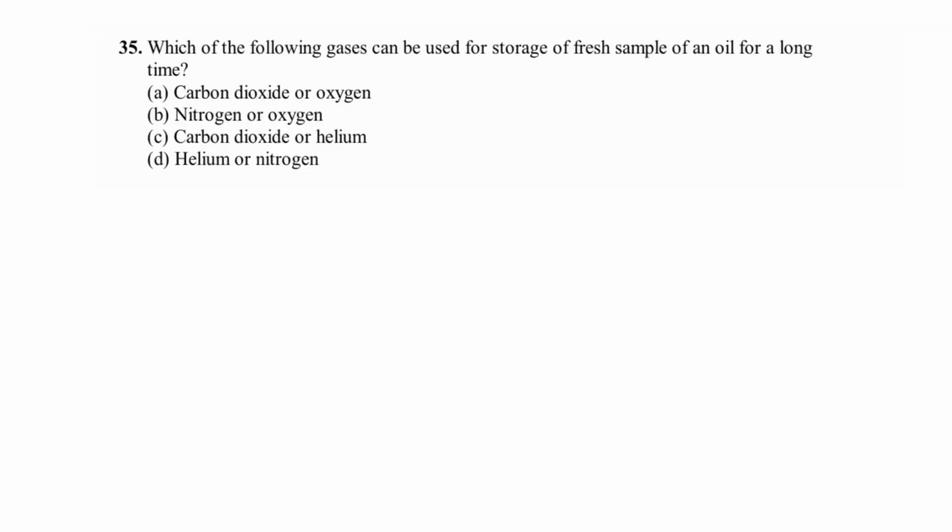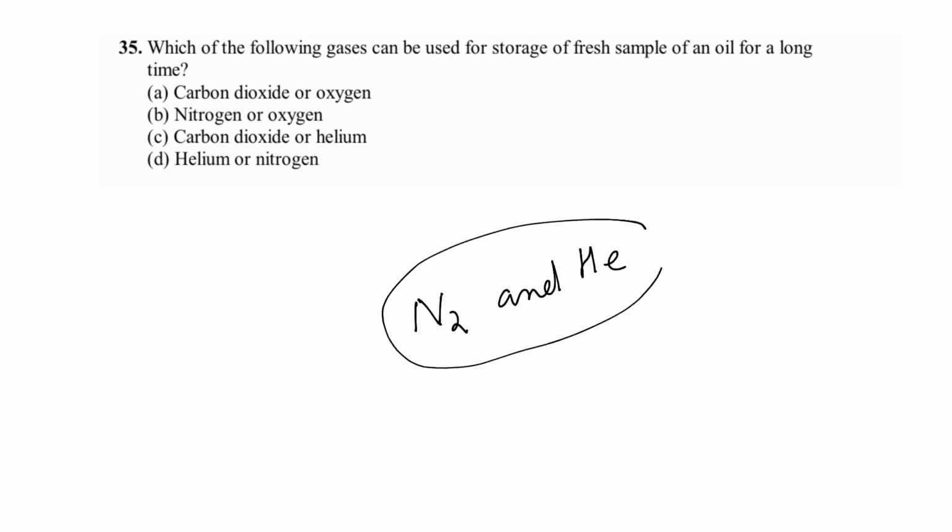See, next question is, which of the following gases can be used for storage of a fresh sample of an oil for a long time? For this type of question, always remember the preferred gases are nitrogen and helium. These two gases are inert gases.